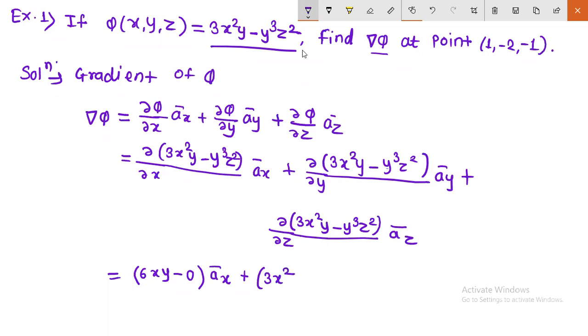Del upon del y of y is 1. Then minus, again del upon del y of minus y cube, so it is minus 3y square z square. Correct?